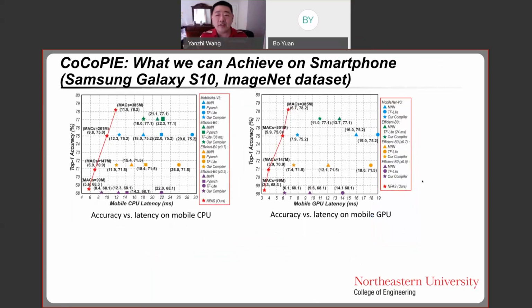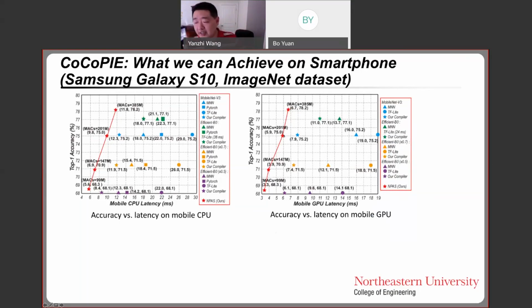What can we achieve using a mobile phone? We're using this Samsung Galaxy S10, which is an Android phone, and the ImageNet dataset. We can see the results on the right. If we want an accuracy, a top-one accuracy on ImageNet, of about 78%, we can make a speed of 6.7 milliseconds.